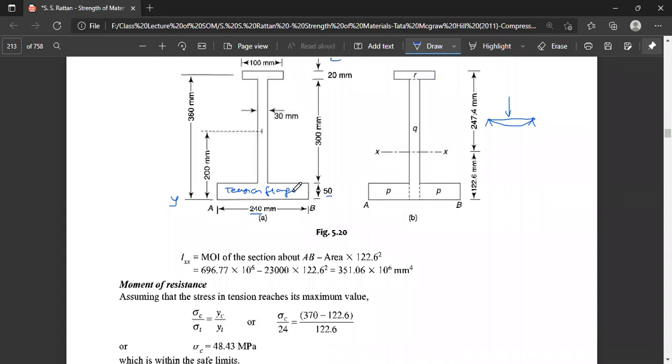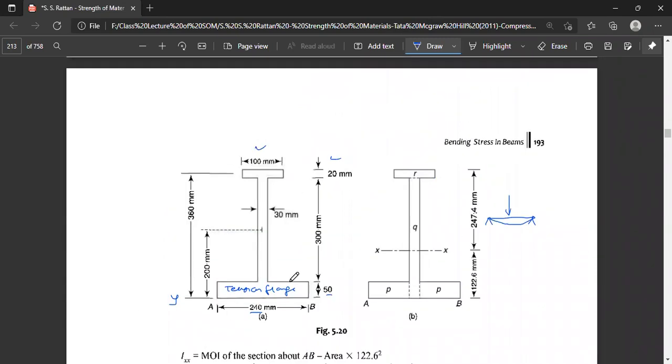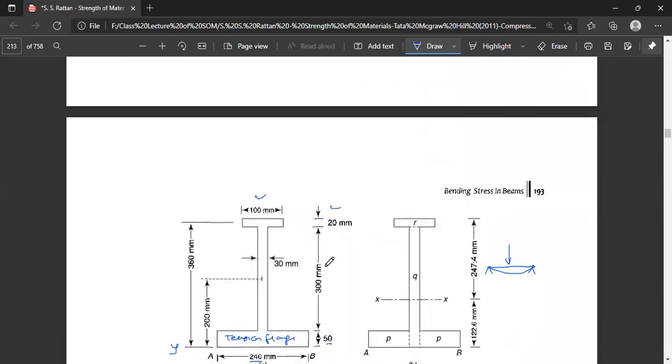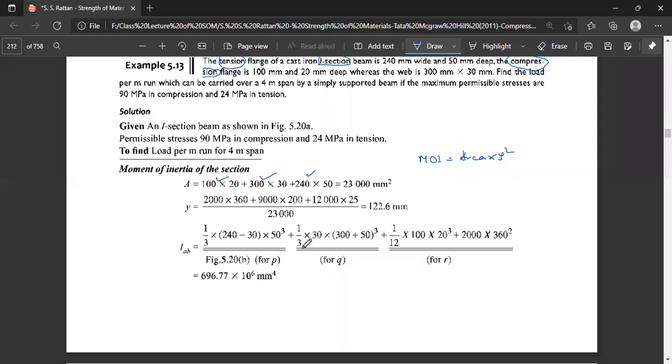This is the section. And next, 300 multiplied by 30 to the power 3, 30 into 300 plus 50. That is 300; we have taken from the base, so it is 300 plus 50, and this is from here, 30. So that is 1/3.